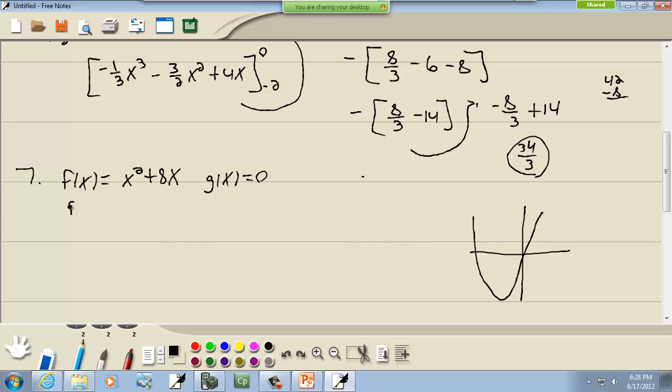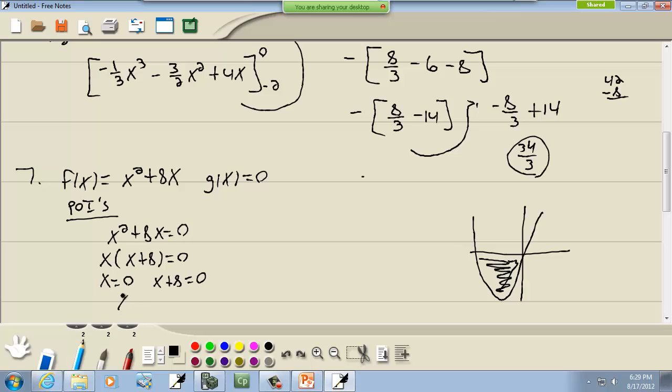So let's first find our POIs to see what the area is bounded by, because this is what we're trying to find here. So I'm going to set this equal to that. So we've got x squared plus 8x equal to 0. I'll factor out the GCF of x, and that gives us x times x plus 8. Set each one of those equal to 0, and we get x equals 0 and x equals negative 8.